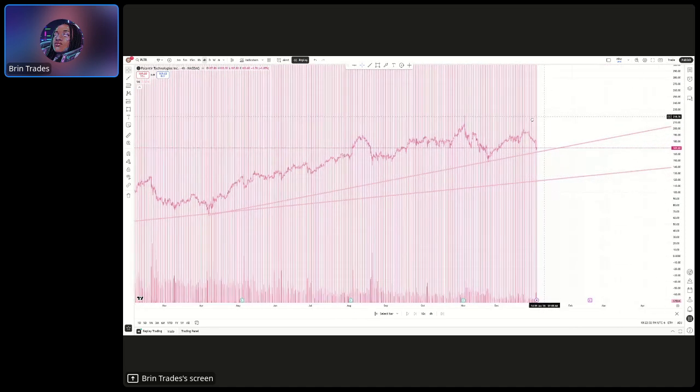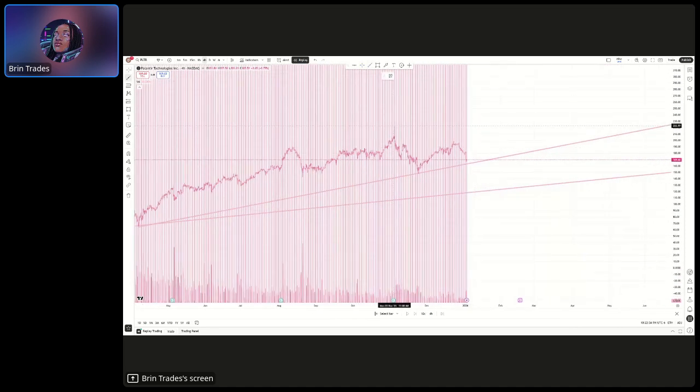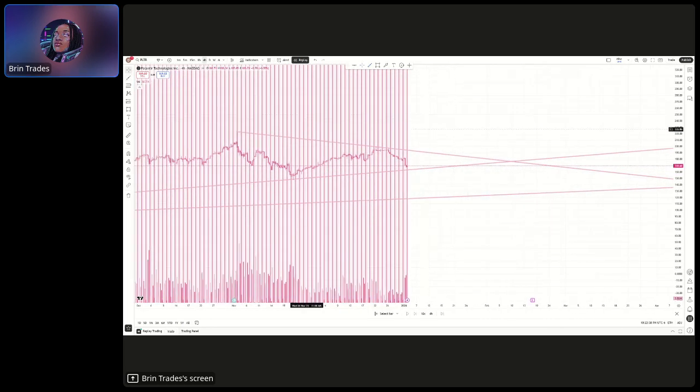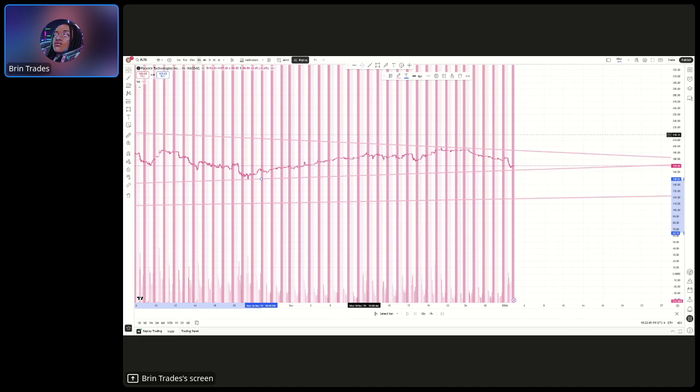Is there a slight downtrend? There is one starting at this point. This point. Nice, 3 touch points. Let's move down to the 1 hour.